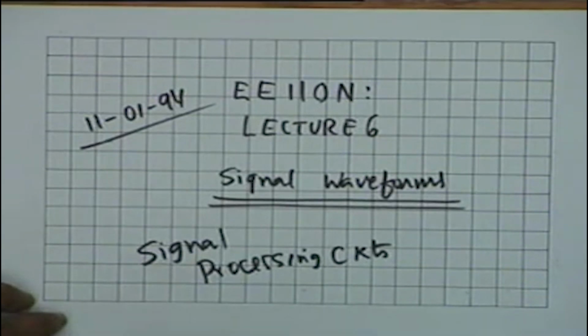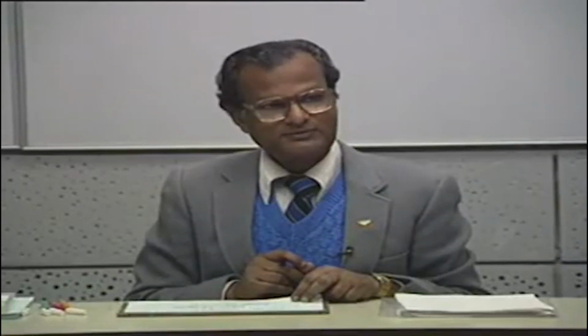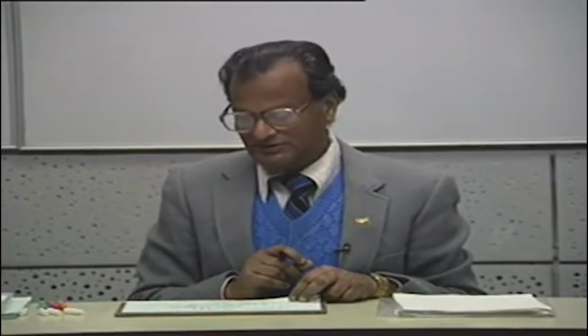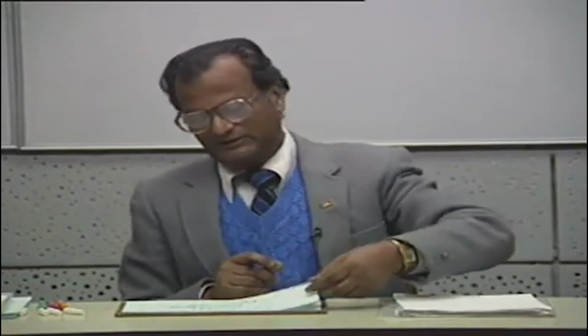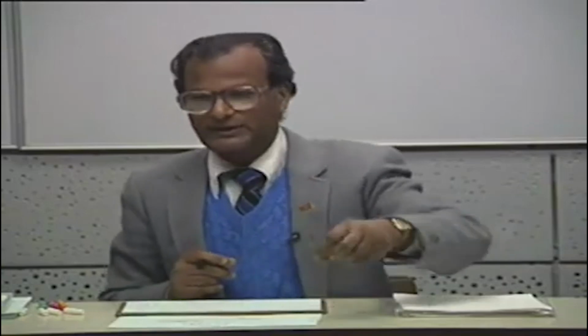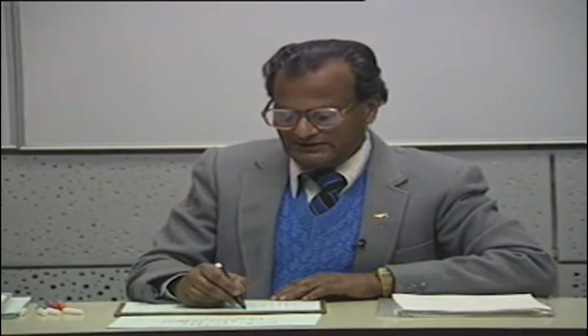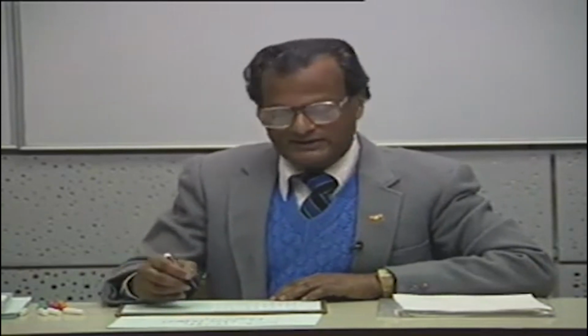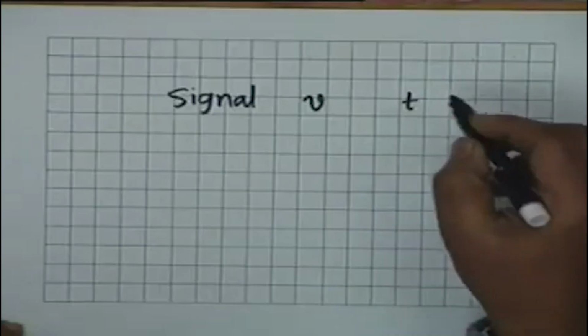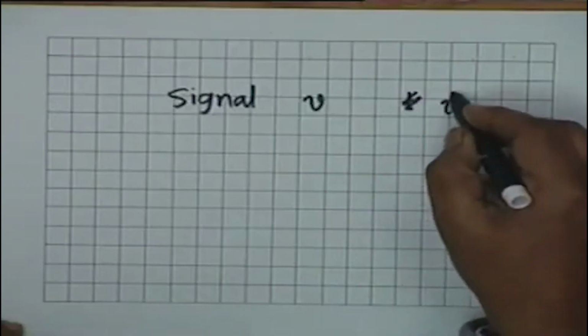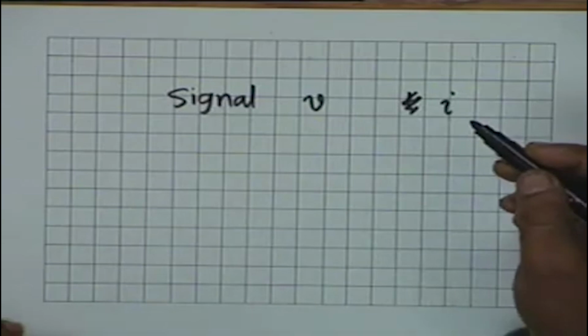It is important to understand what a signal is and what processing means, so that we can devise electronic circuits to perform the processing. A signal, by definition in electrical engineering, is either a voltage or a current which varies with time.